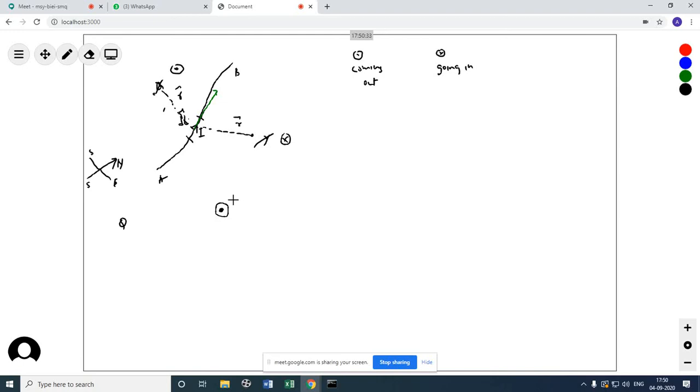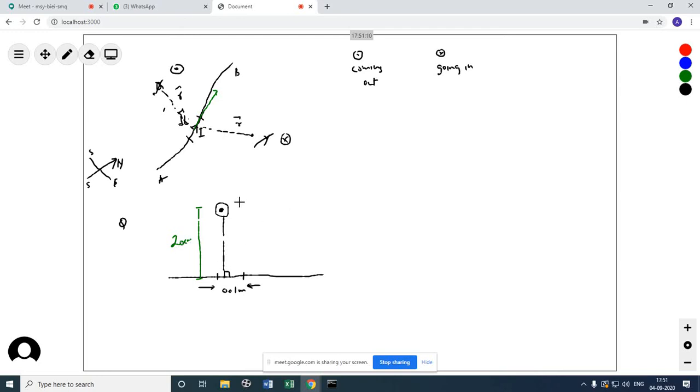You need to find the magnetic field at this point P. This is a small dl, this distance is around 0.1 meter, and this is the perpendicular distance, the angle is 90 degrees, and this distance is 20 centimeter.